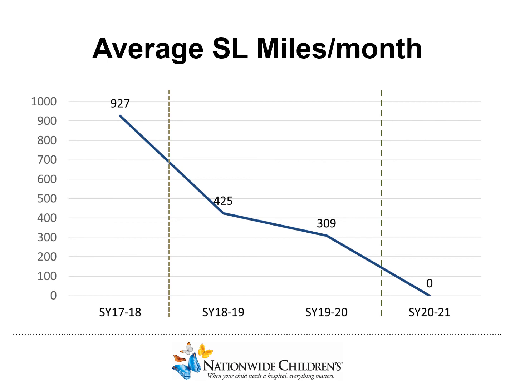Now, the fact that we have 0 miles so far in school year 2021 is really more related to the pandemic than to the fact that we wouldn't be making any visits, because there are still some that we would do. I would anticipate that this hopefully will get down to between the 200 and 300 range over the long haul, which is an amazing saving of resources, both time and money, because of the travel.